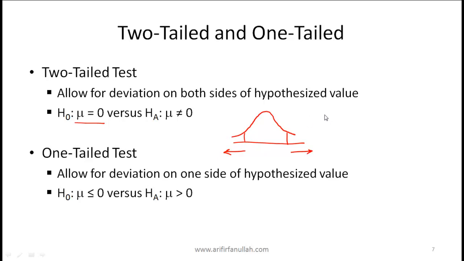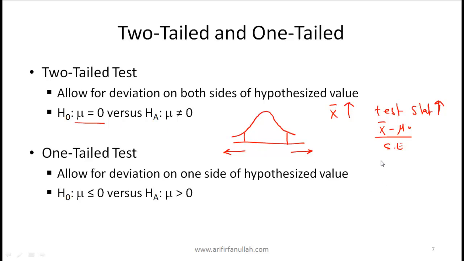So in other words, if we had received in our sample an x bar that is very big, then the test stat, if you look at the formula for the test stat, it is x bar minus mu naught divided by the standard error. Notice that if x bar is high, then the test stat will also be high, and we will be able to reject the null hypothesis that mu naught is 0.